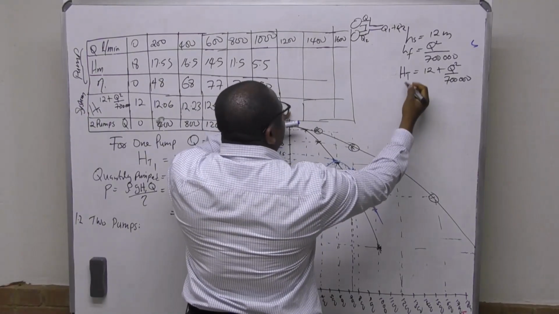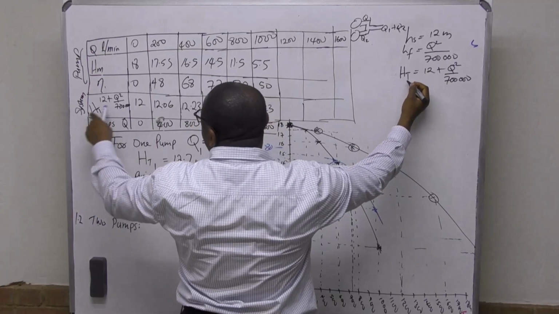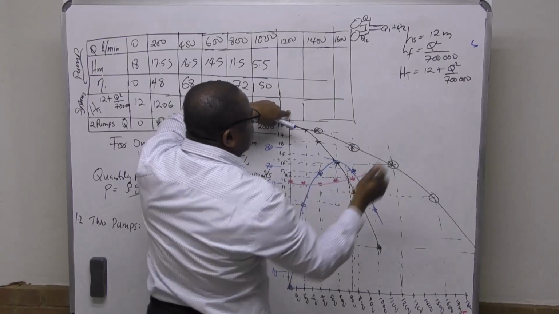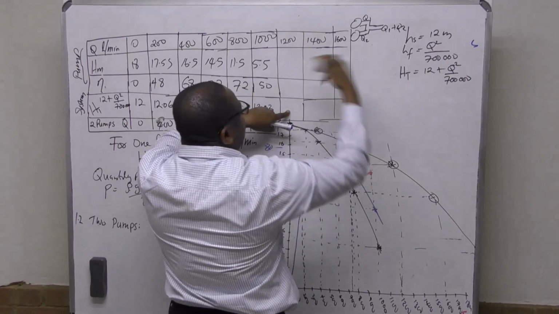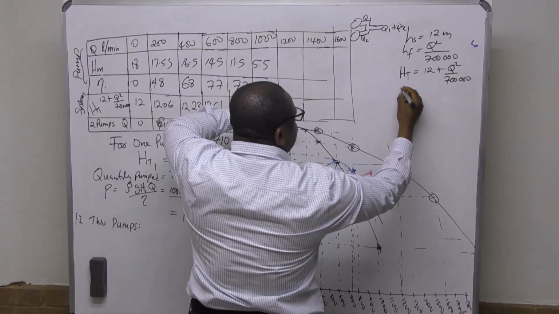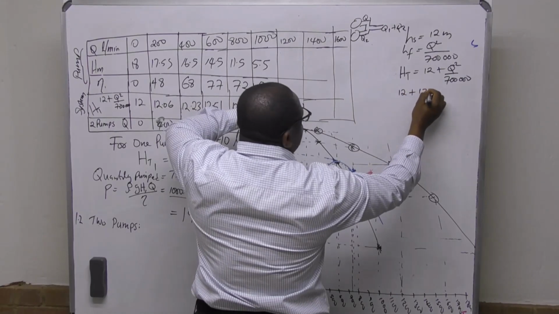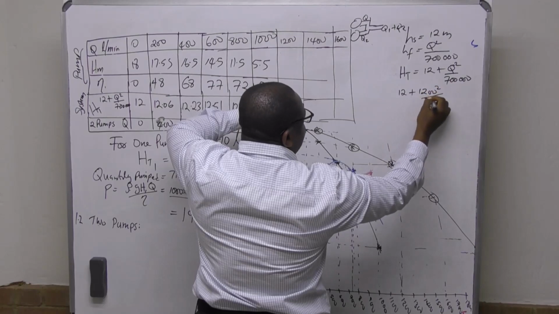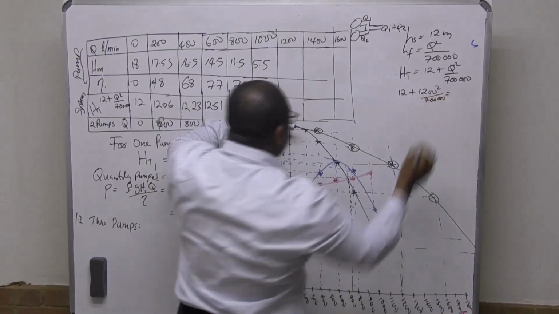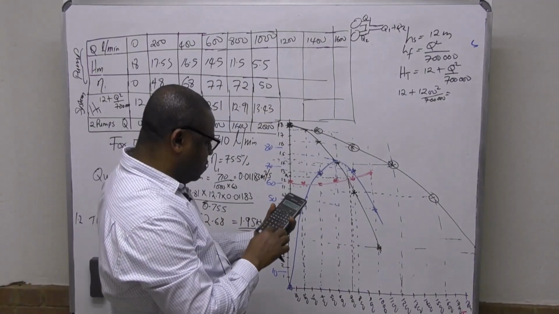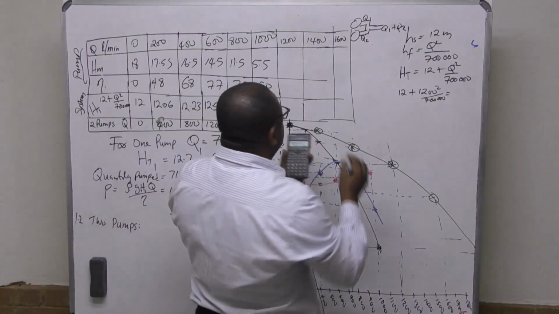All right. So this is our system curve. I want to extend the system curve. The head for 1,200 is 12 plus 1,200 squared over 700,000. Just want to check how much that will give us. 14.057.